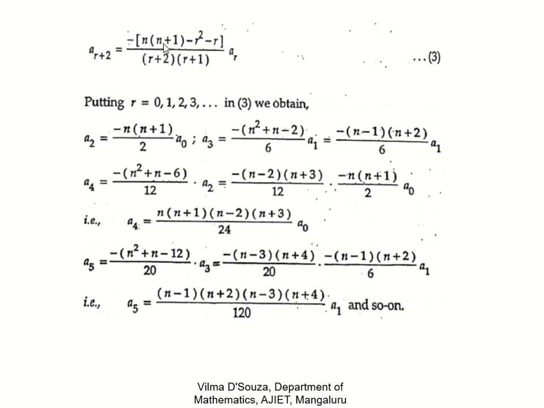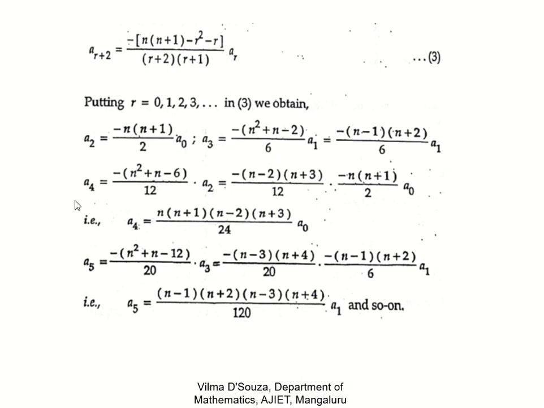Minus n into (n plus 1), a3 is r equal to 1, minus 2 divided by 3 into 2, that is 6, a1, minus n into (n plus 1), that is n square plus n minus 2, r is 1, right? a1 is equal to minus this n square plus n minus 2, by factorization can be written as (n minus 1) into (n plus 2) divided by 6 into a1.